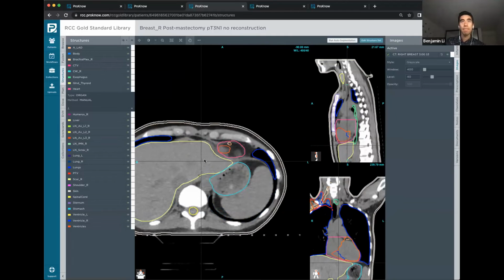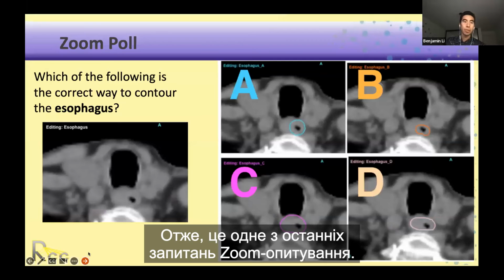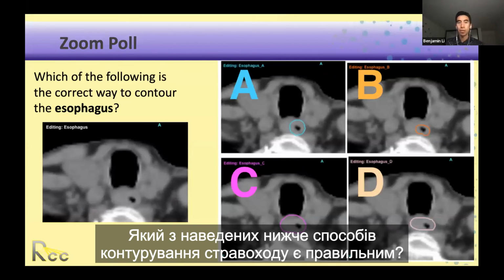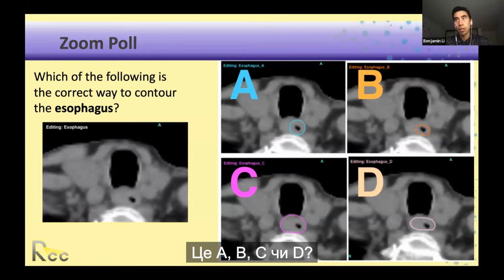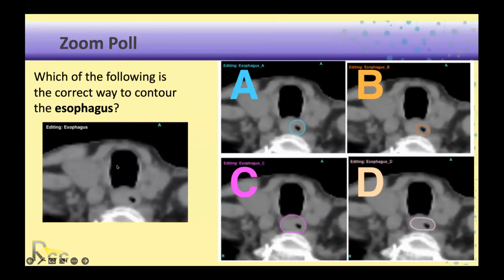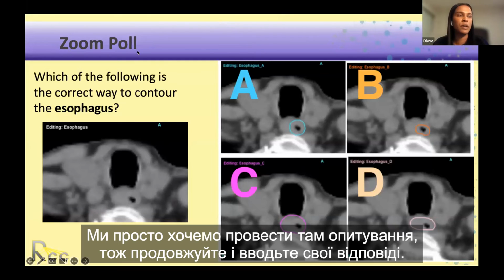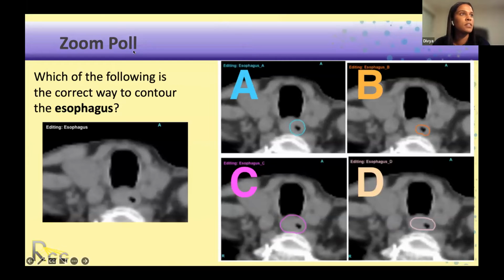Great. So this is one of the last Zoom poll questions. Which of the following is the correct way to contour the esophagus? Is it A, B, C, or D? Just want the poll there, so go ahead and input your responses.